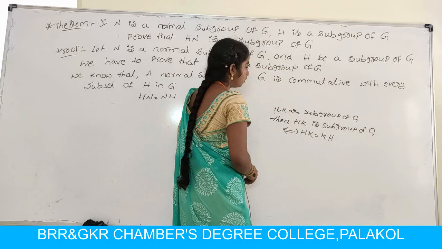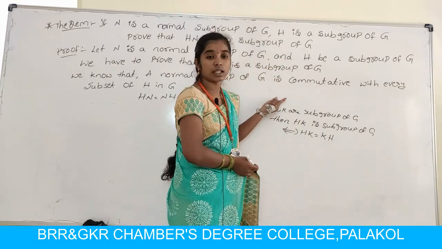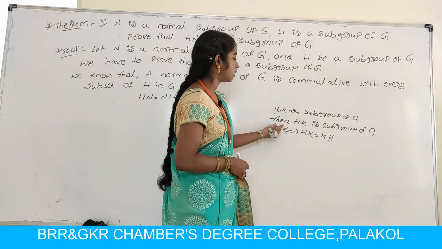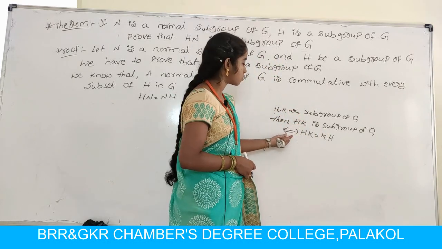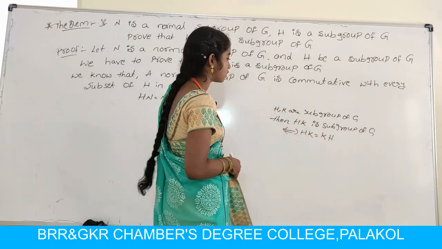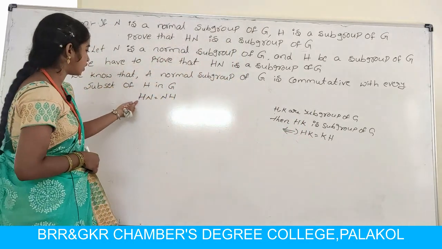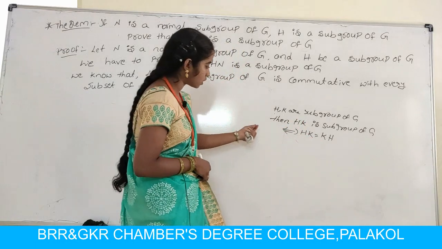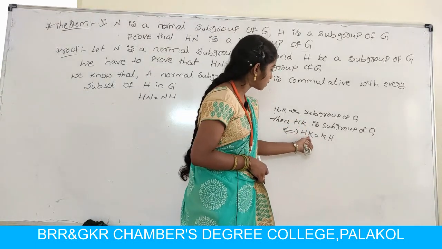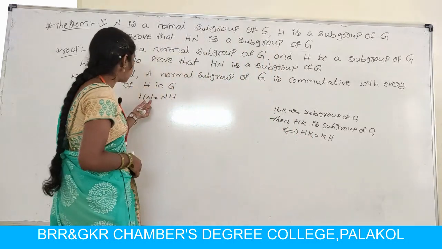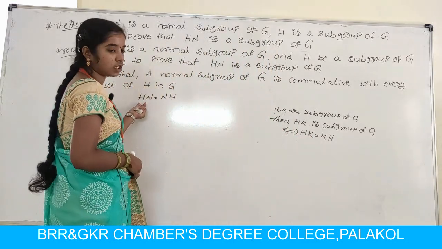So by using this theorem, already you know that HN equals NH. So if and only if HK equals KH, HK is a subgroup of Z. So HN equals NH, so HN is a subgroup of Z.